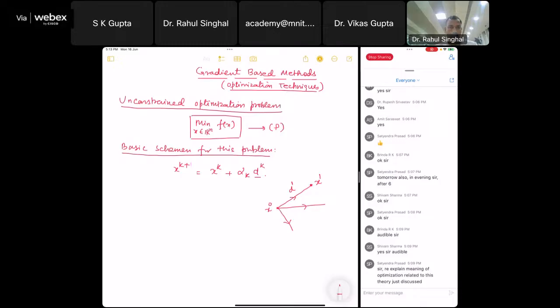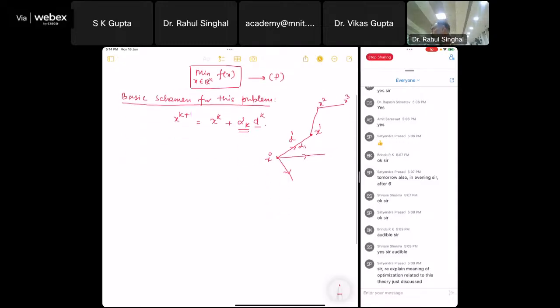And alpha_k is the step length. From here to here, what is the length? It is alpha 1. Then from x1 we will go to x2, and from x2 to x3. In this way, this scheme will be an iterative scheme. In each step, we are trying to find a better solution than the previous one, by giving a suitable direction and the optimal step length.